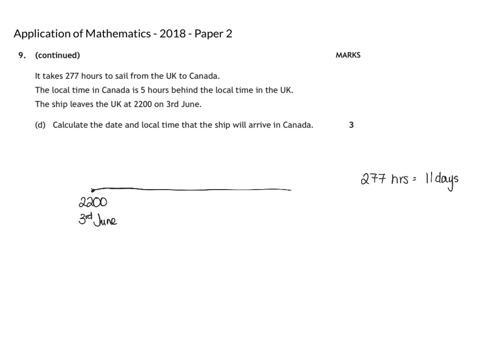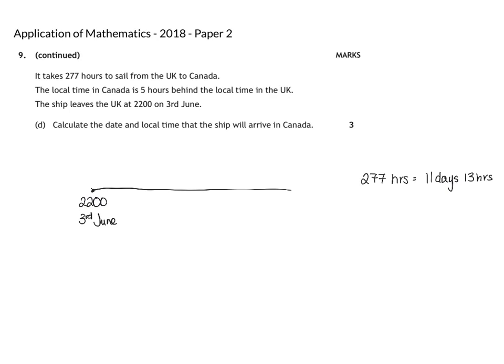And then if we take that decimal that we have and times it, we get that it is 11 days and 13 hours. If you think about it, 11 days is 264 hours. That's just 11 times 24. And then we can work out how many extra we have on top of that is 13.